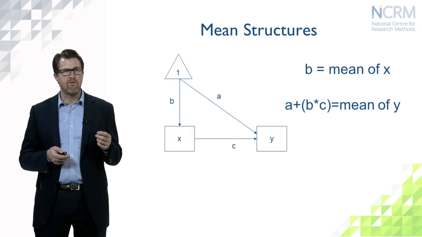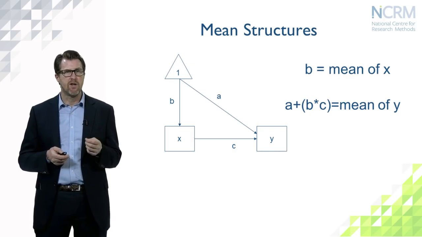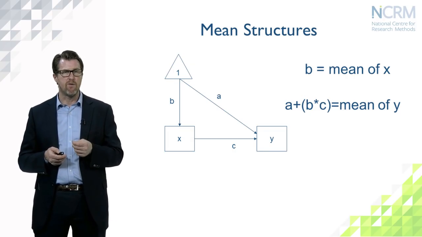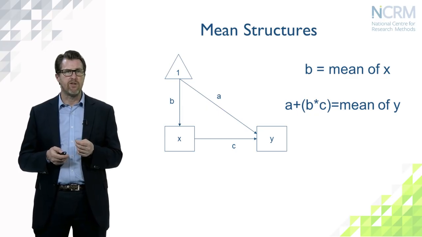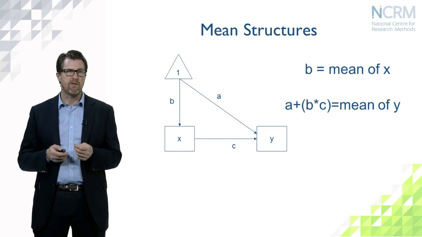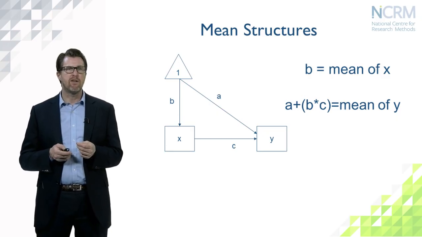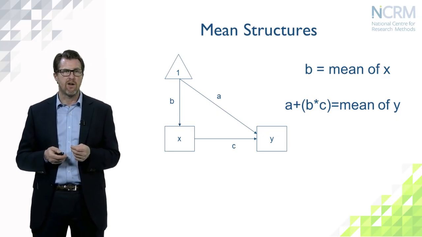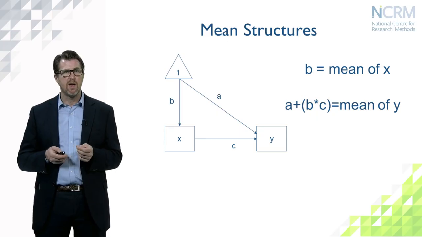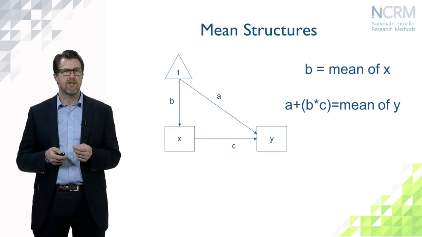We have a direct effect from the constant to y, which has the coefficient a. We have a direct effect from the constant to x, which is b, and a direct effect from x to y, which is c. So the indirect effect of the constant on y is the product of b and c.